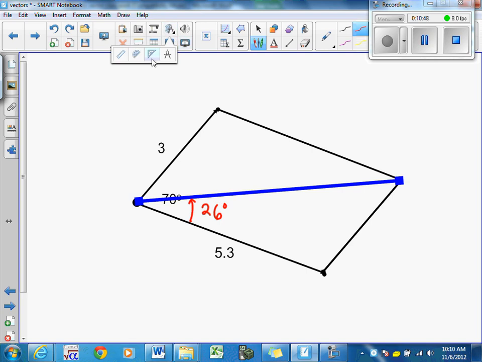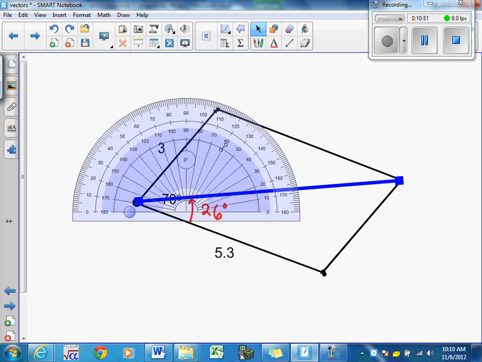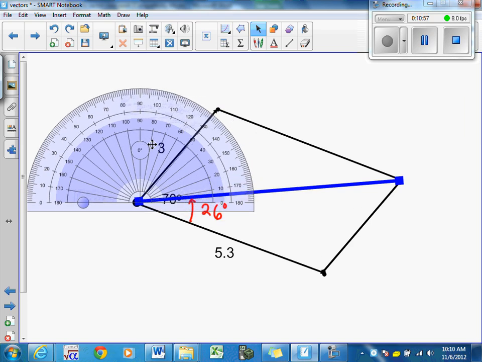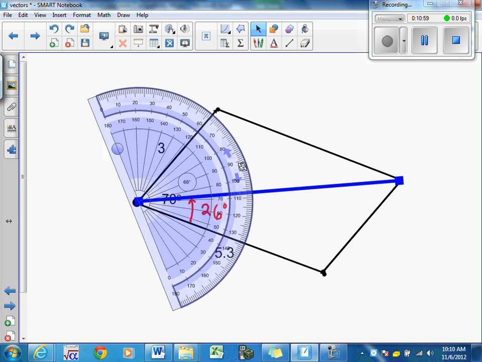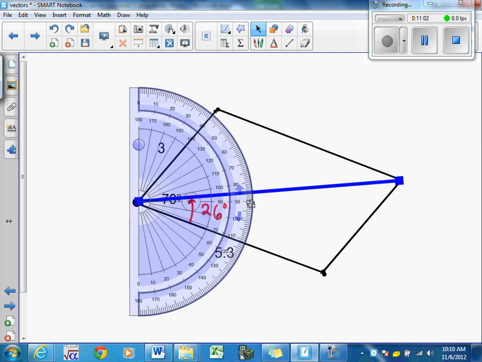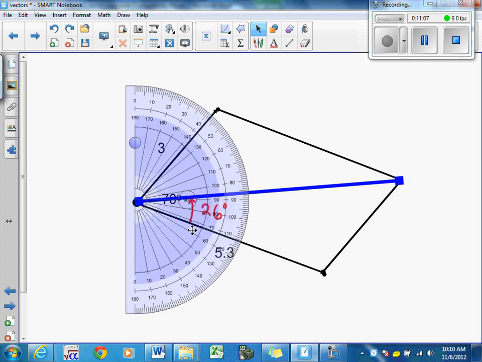And if I wanted to measure that from, let's say, a due north or something like that, I could bring this over here, 90 degrees, move it over right there, and that looks to be about 3, 4 degrees above due east. So my direction is east, 4 degrees north. That's the direction of that vector.